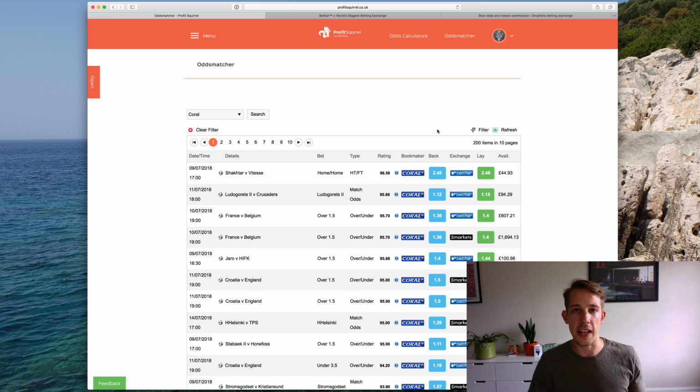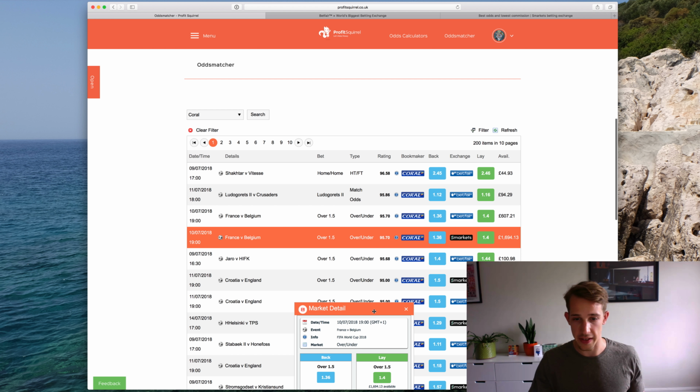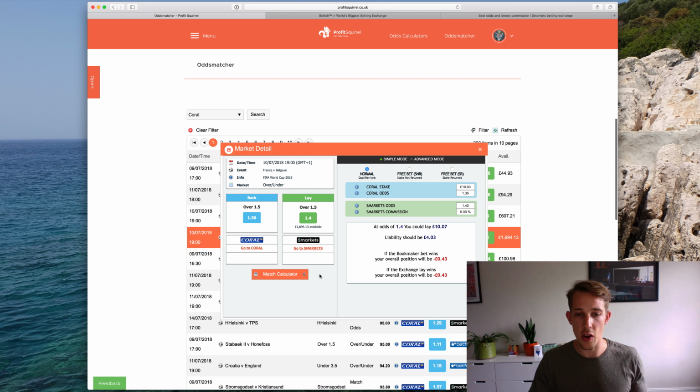So the first thing I would say to check is, are the odds correct that you're doing the calculation with? So we have the odds on the odds matcher here, and we can bring those up into the calculator. For example, this France-Belgium game under over, and we're getting the back odds as 1.36 and the lay odds as 1.4.